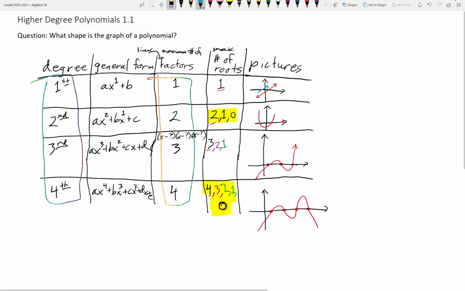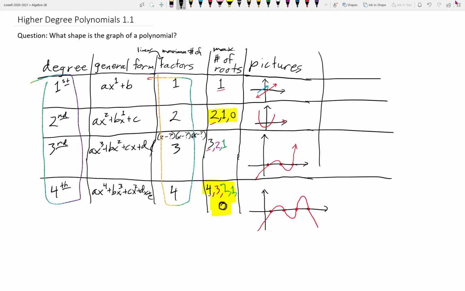And what I'm going to do here is create a new column in our table, and I'll say maximum number of directions. What I mean by this is how many times is it increasing or decreasing, and how many times does it change. This one is only ever increasing, it never changes because a linear function does not turn back around. So this would be 1.